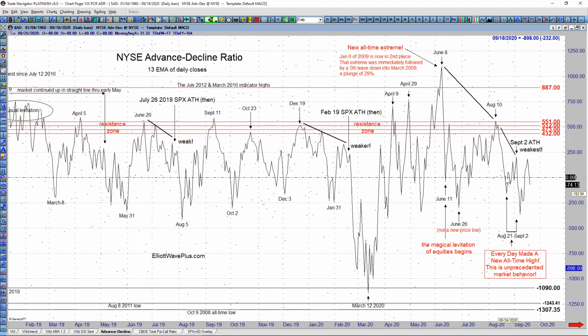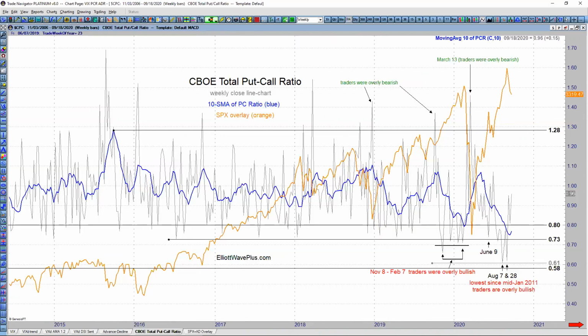The really amazing thing was while this was moving down from August 21 through September 2, every single day the S&P made a new all-time high, and this is what this indicator was doing. Normally, in order to make an all-time high, it would be much higher readings than that. It just shows how very few stocks during that period were holding the market up.